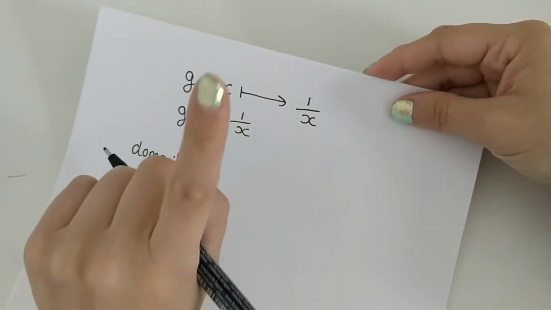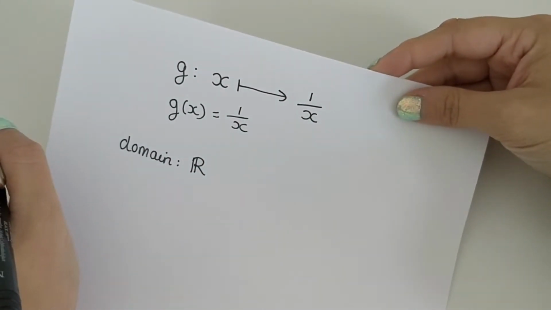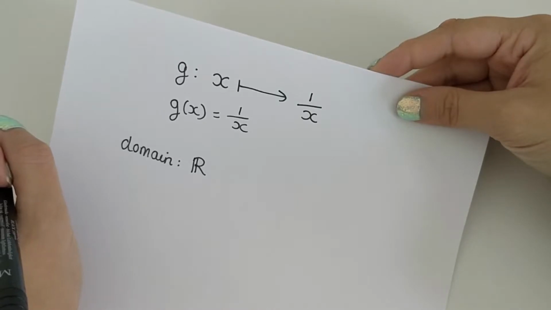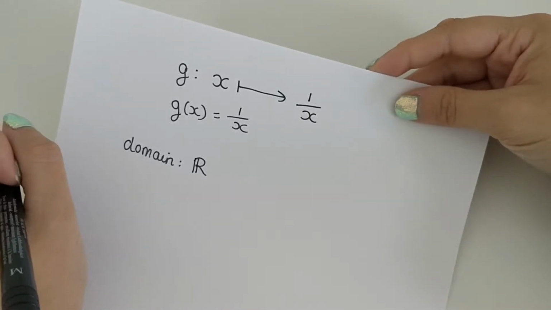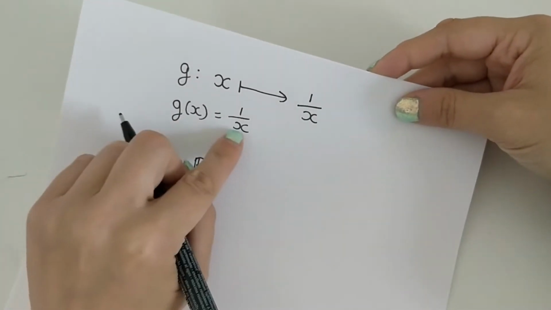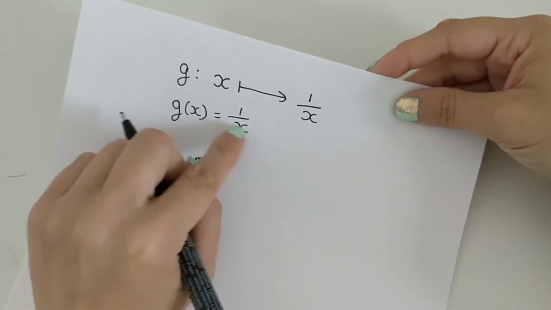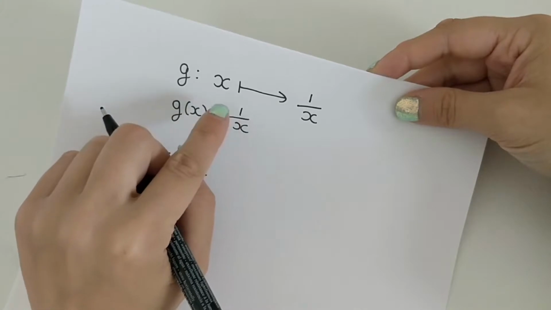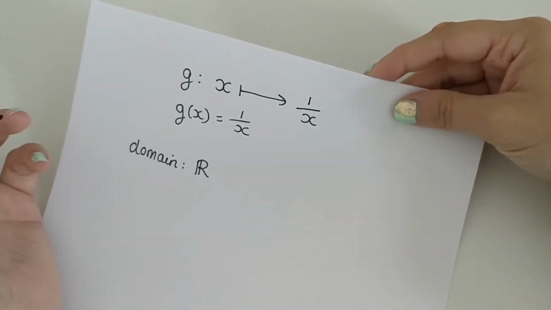Except there's one number I can't put in there. There's one number that is not allowed. Have you worked out what that number is? Yeah, it's 0. I'm not allowed to put 0 in here, because I'd get 1 divided by 0, and you're not allowed to do that.